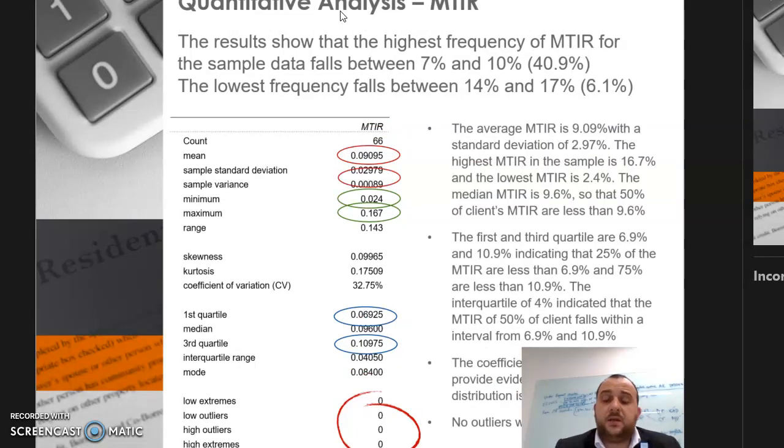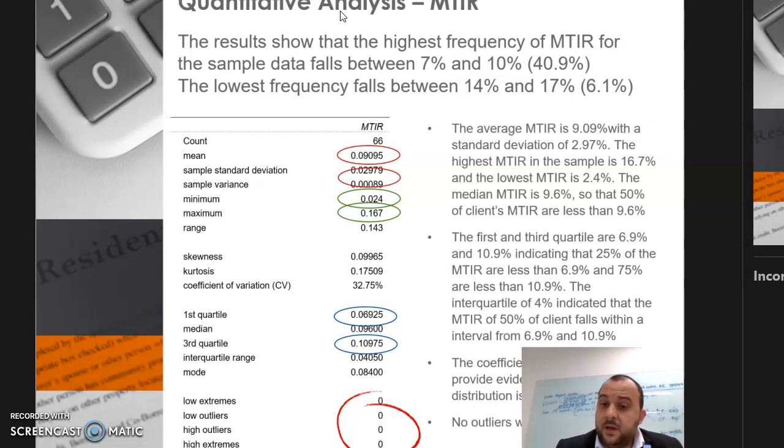And in this slide we are discussing the quantitative analysis on MTIR, where MTIR has a direct relationship with the risk. The results show that the highest frequency of MTIR falls between 7% and 10%, which is 40.9% of the population, while the lowest frequency falls between 14% and 17% MTIR, which is equal to 6.1%.